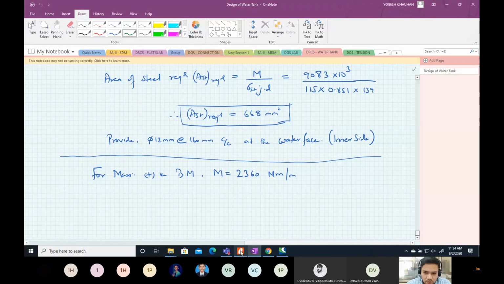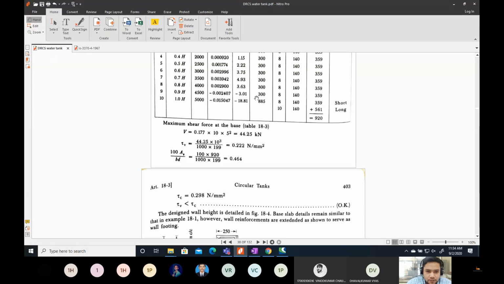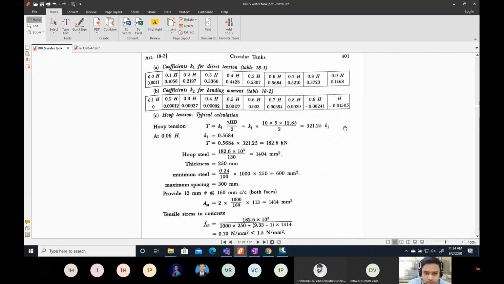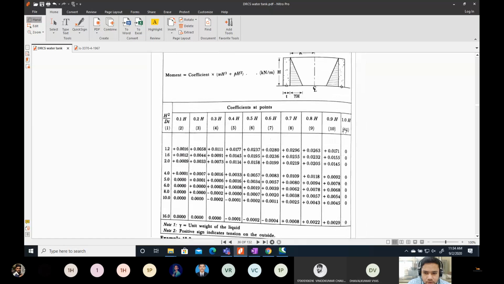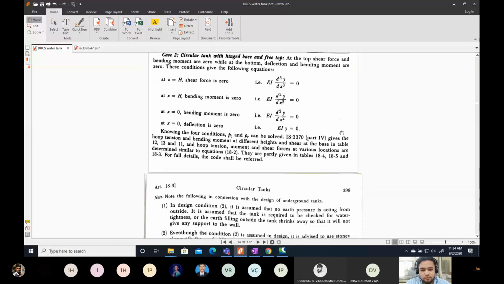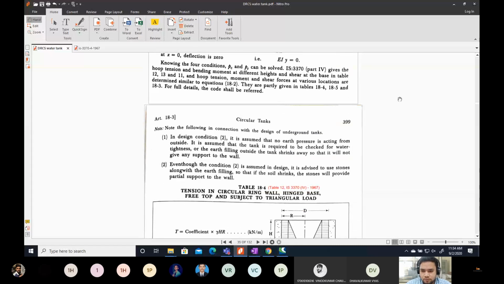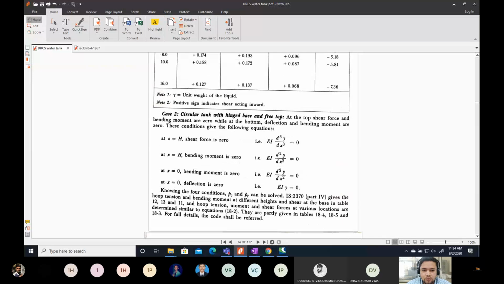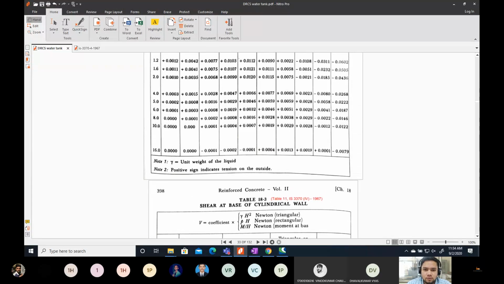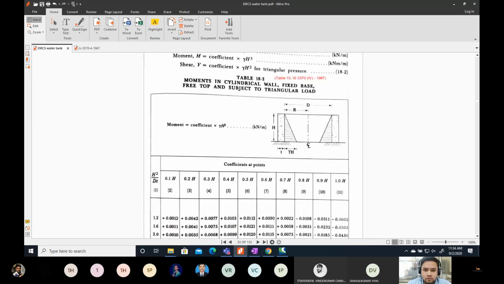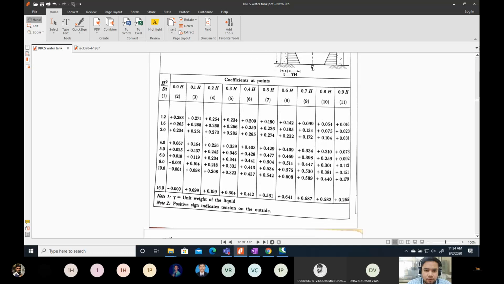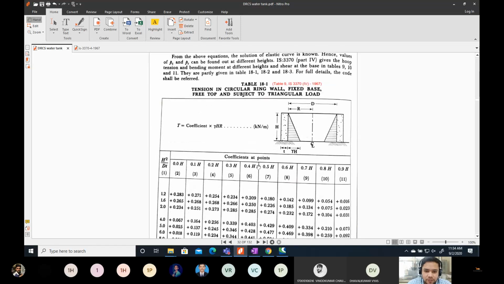So for that, let us refer the material provided to you. If you refer IS 3370 Part 4, such tables are given.